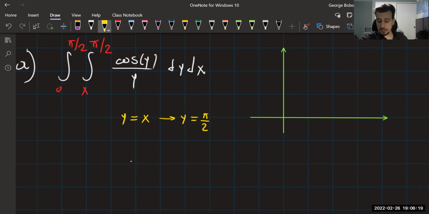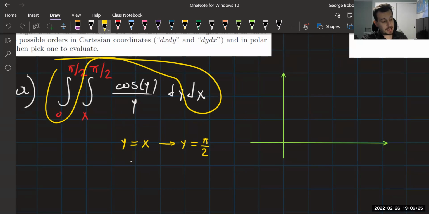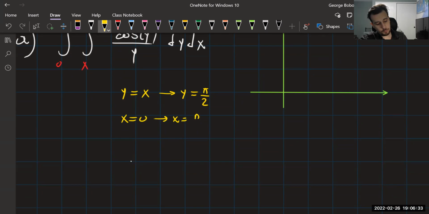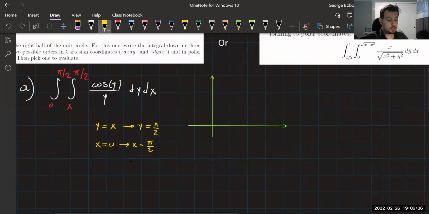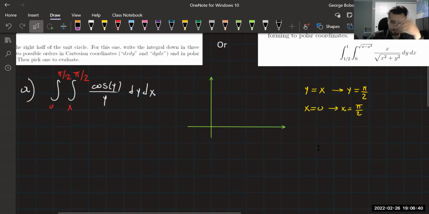And then once I have the integral with respect to y done, I look at the one with respect to x and it goes from 0 to pi over 2. So again, for x here, we go from 0 to pi over 2. And these observations you want to put down on your plot. That's what you're aiming to do here.